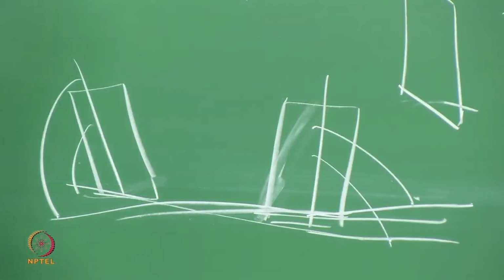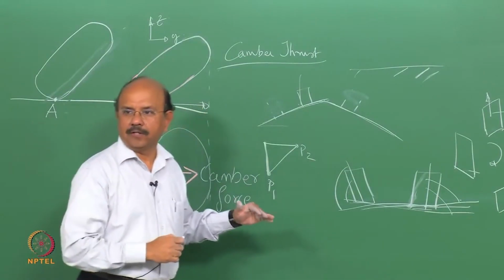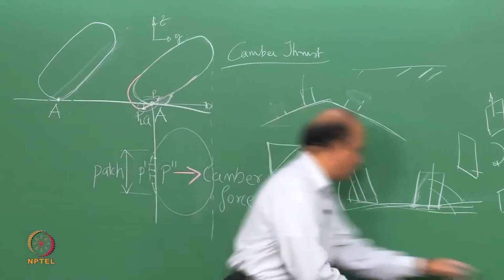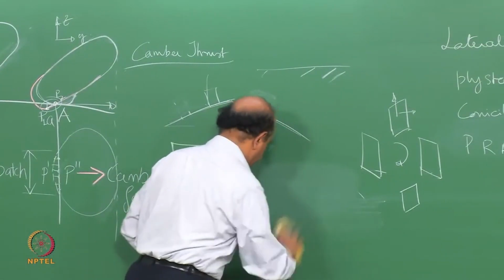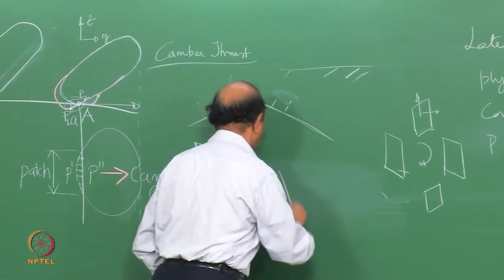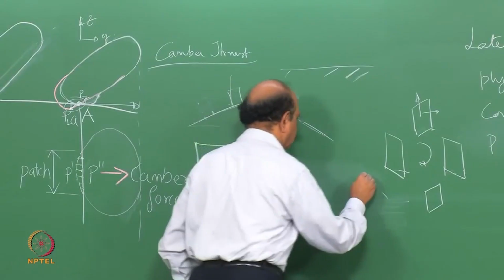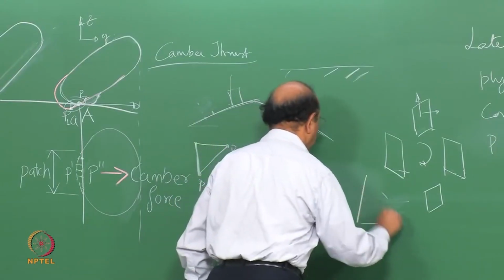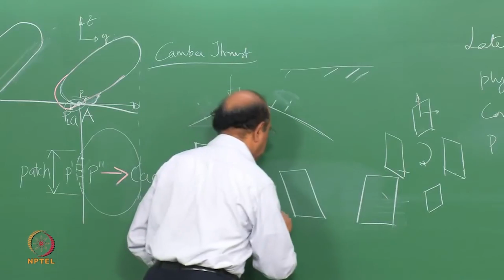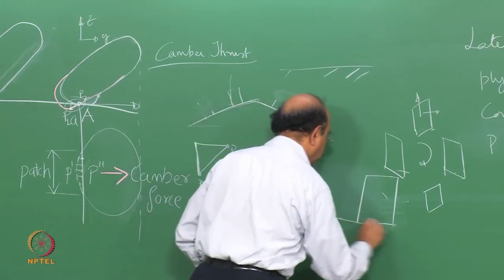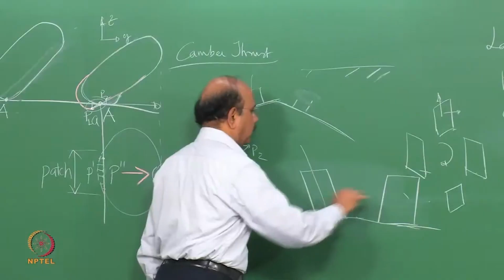I change the camber of the road, or in other words, I put one more angle. Let me draw that clearly. Let's say that that's the road. I have an initial angle.